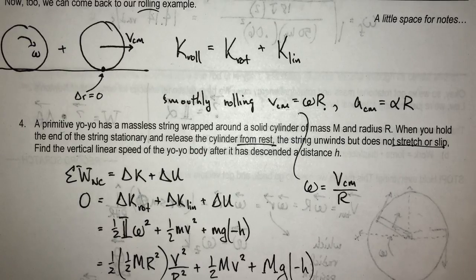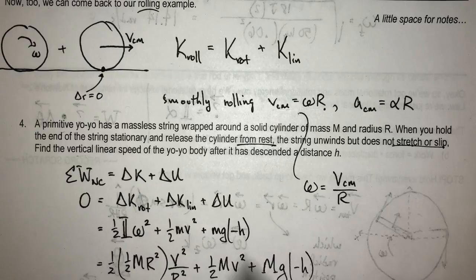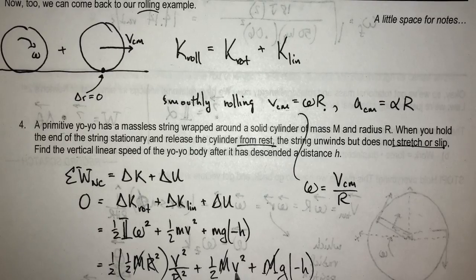Okay. So let's move mgh to the other side. Let's cancel m from every term. The r squareds here cancel. And 1/2 times 1/2 gets us 1/4. That's 1/4 v squared plus 1/2 v squared.